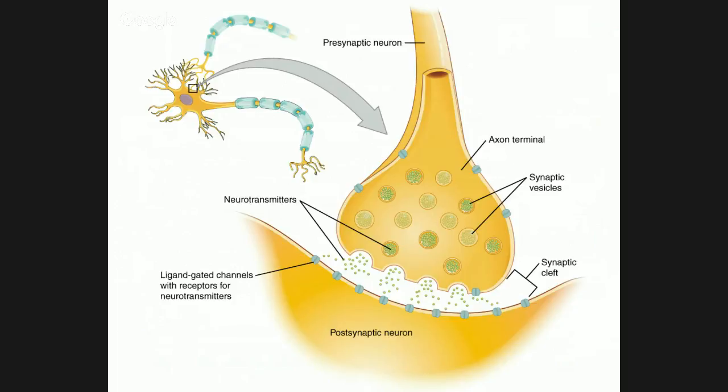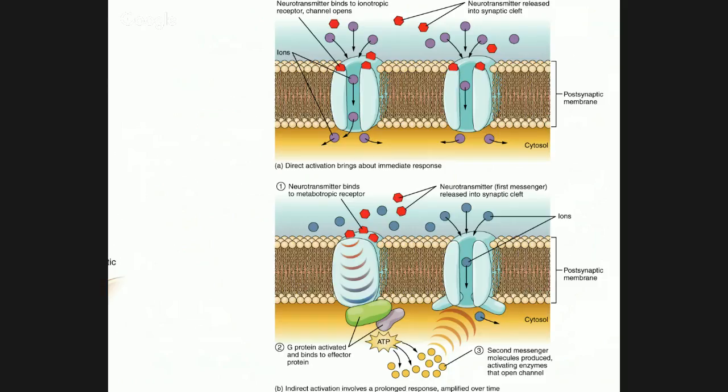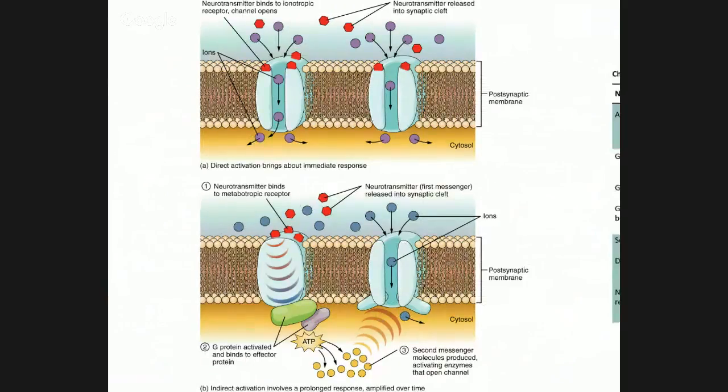So I want to talk about receptors a little bit more and the various types of neurotransmitters out there. First off, receptors fall into two basic categories. The first one, which is actually what we've been talking about for a while already, is called an ionotropic receptor.